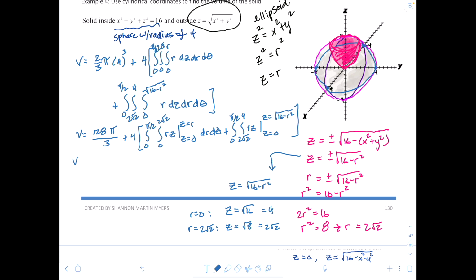So our volume will be 128 pi over 3 plus 4 times.